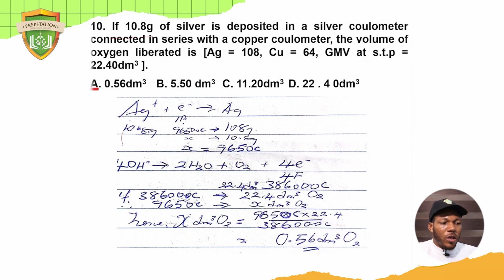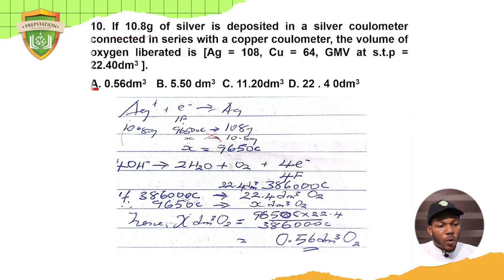Of course, we know how to write the half equation for silver: Ag plus e minus gives us Ag. So now, what quantity of electricity will give us this 10.8 grams? When you do your cross multiplication very well, according to what you see on the screen here, you're going to have 9650 coulombs.